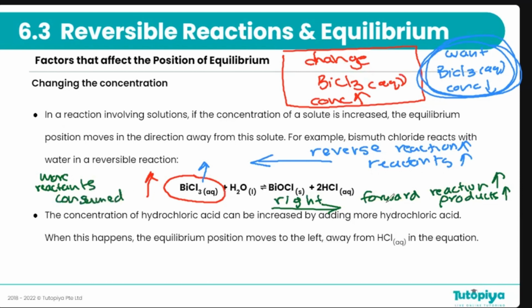Therefore, when you promote the forward reaction, or when you shift the equilibrium from the current position to the right, BiCl3 will decrease. Now we have achieved our goal. So in a case where one of the concentrations of the reactants increase, we need to decrease that concentration by shifting the equilibrium to the right.